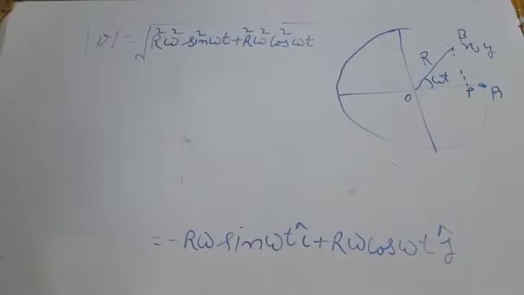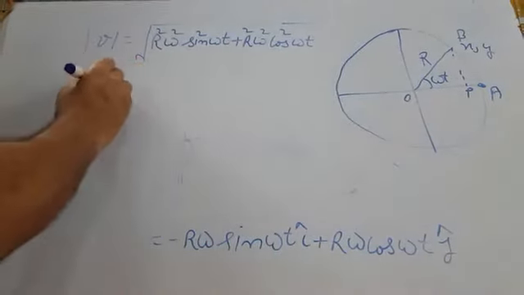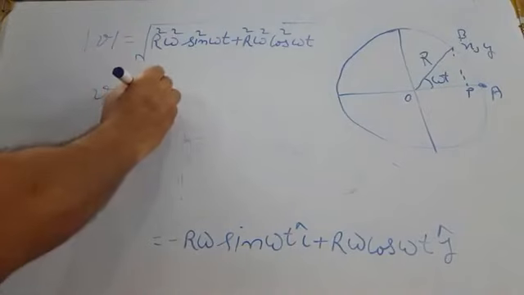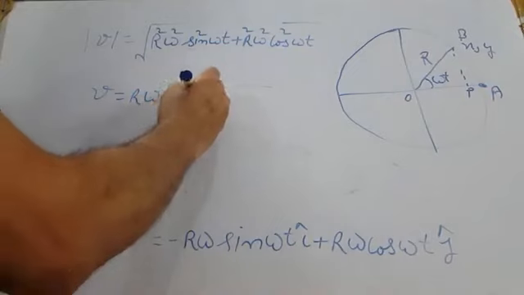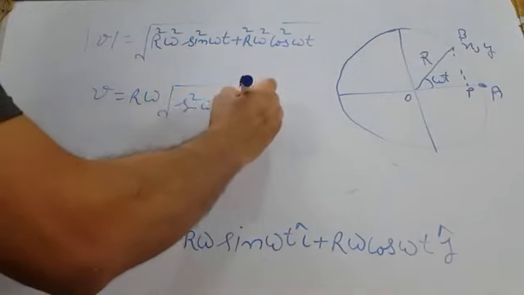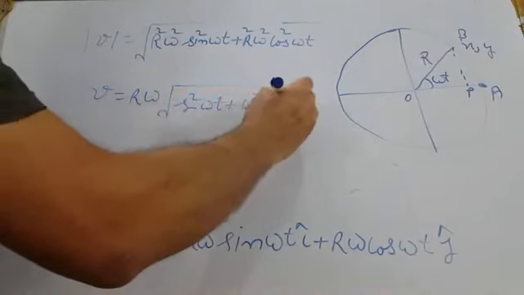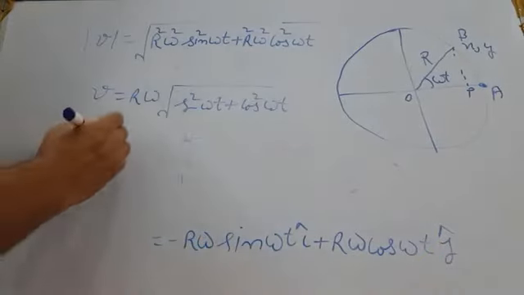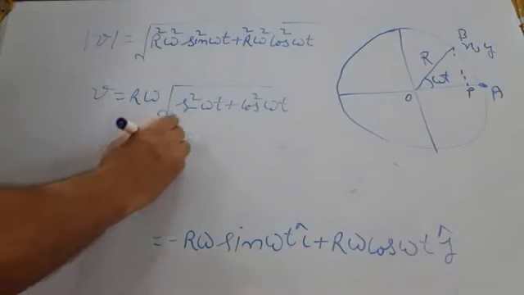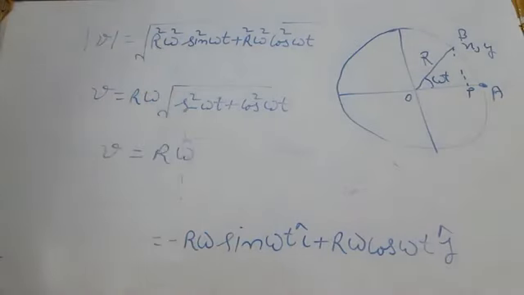Now r square omega square is common, you can take it outside because it is under root, so outside it will be r omega. In the bracket it will be sin square omega t plus cos square omega t, and sin square omega t plus cos square omega t is equal to 1. So v will be equal to r omega. That will be the magnitude of the velocity.